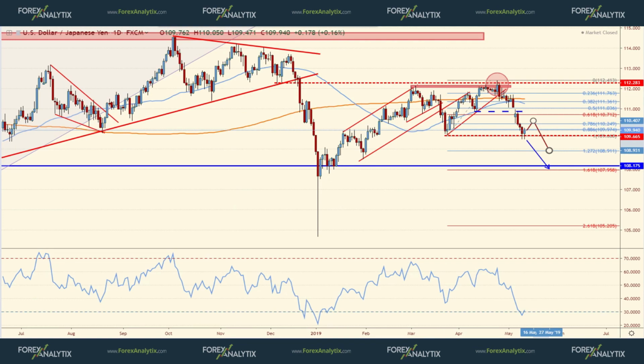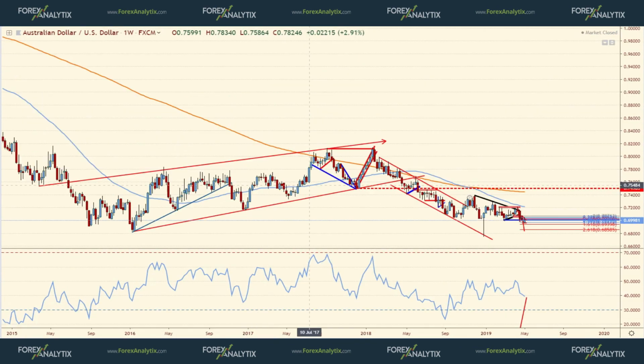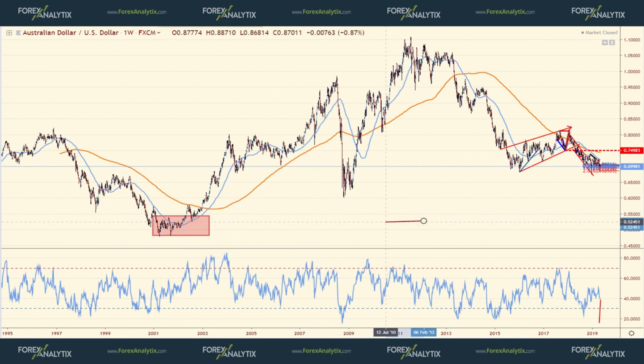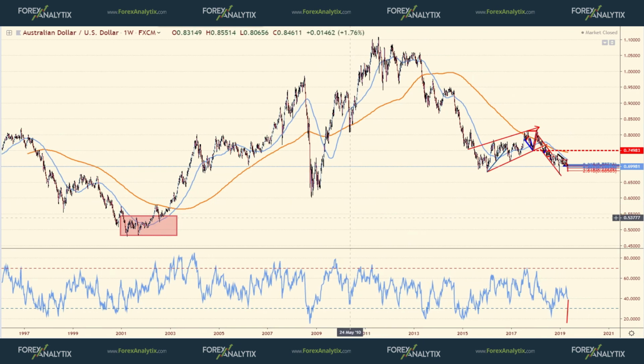If you look at the Aussie longer term, and this is for somebody who's been trading the forex market for quite some time, I think about how frustrating the FX market was, especially trading the Aussie dollar back here in the early 2000s.